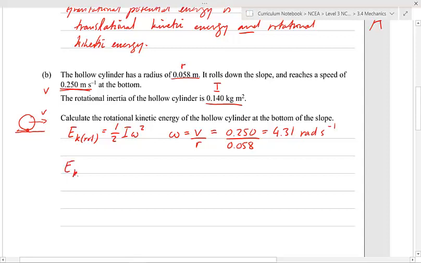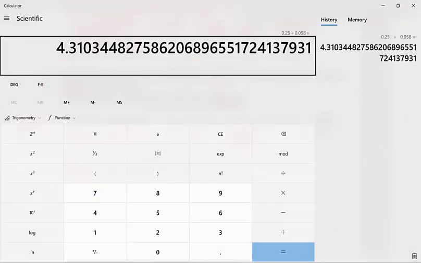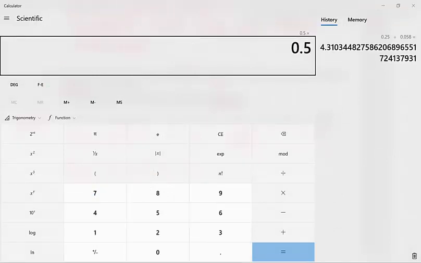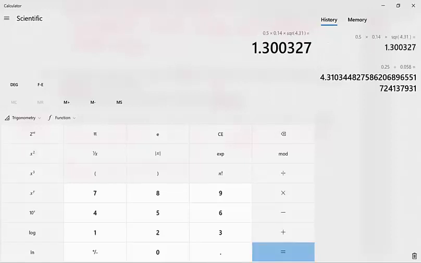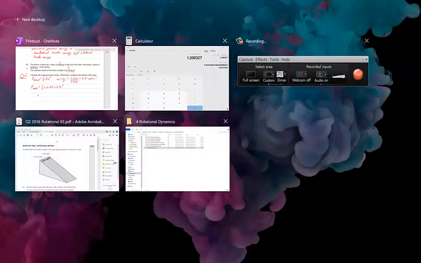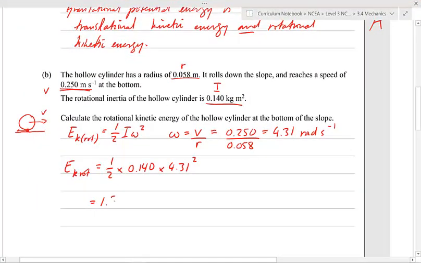And so EK rotational is given by a half times 0.140, which was the rotational inertia, times 4.31 squared. 4.31 squared gives us 1.3 joules, and it should be to two significant figures because the radius here was only given to two significant figures.